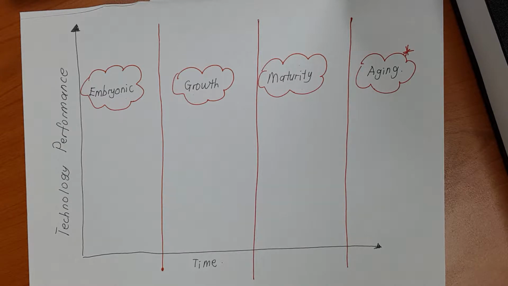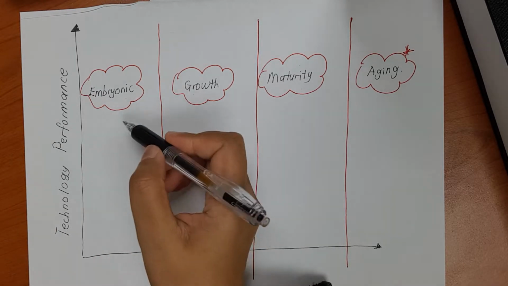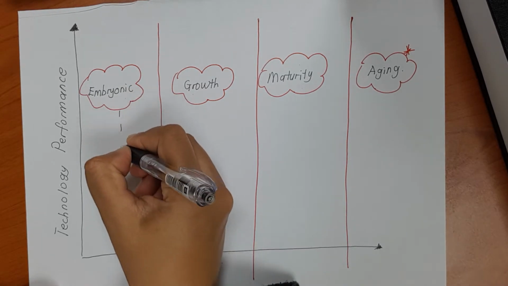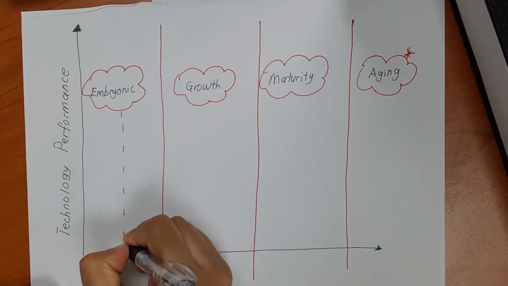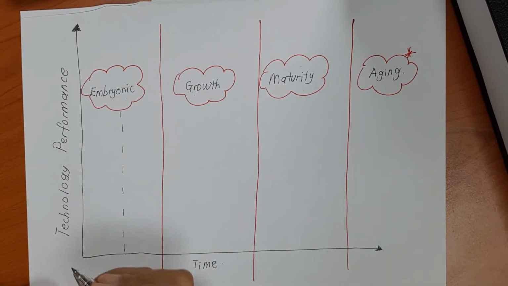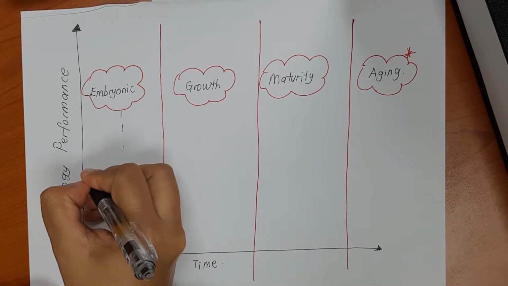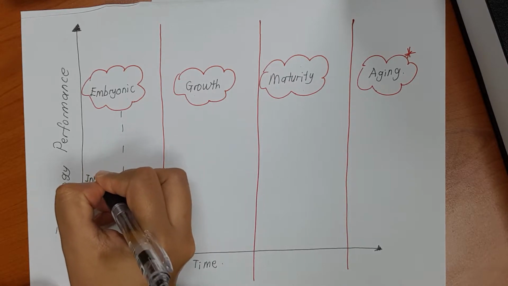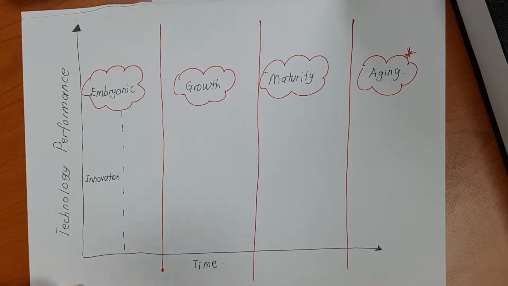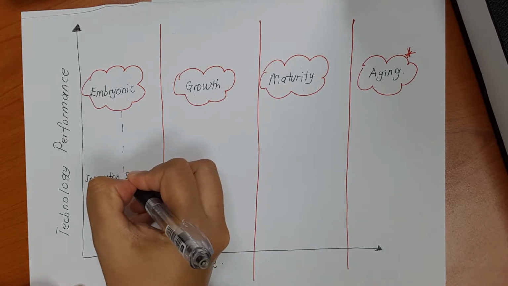The embryonic stage is actually divided into 2 phases. The first phase we call the innovation phase. The second is the syndication phase.